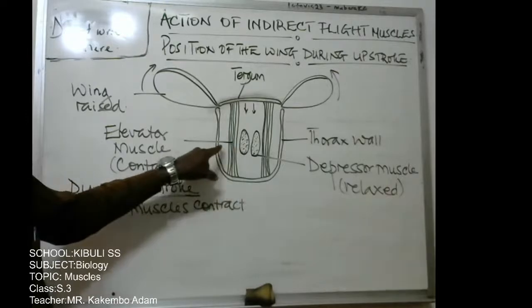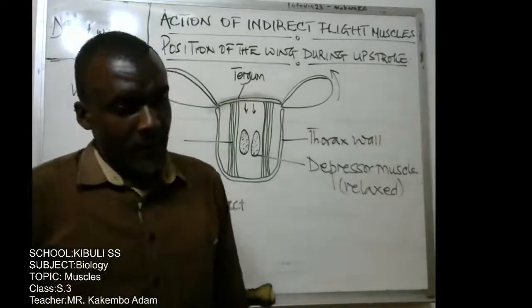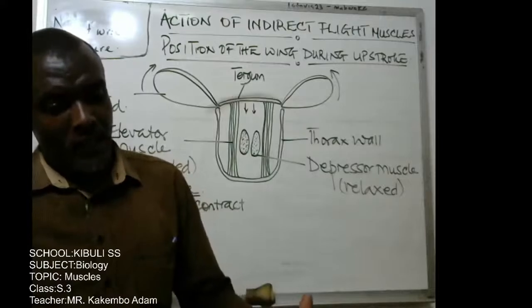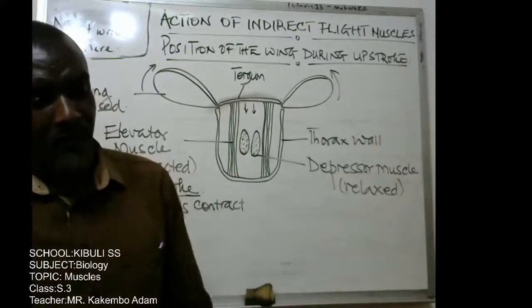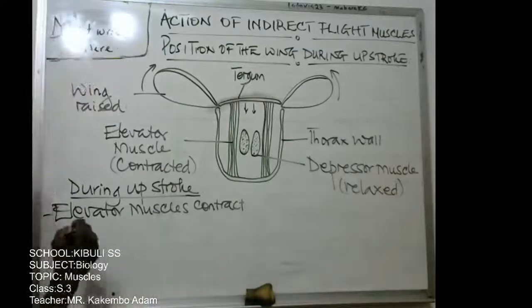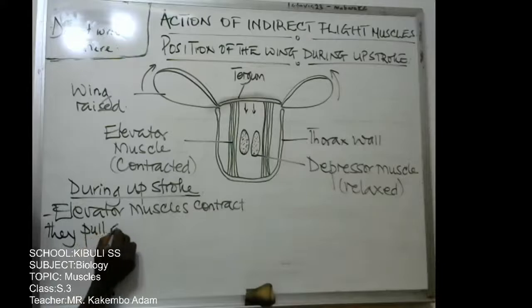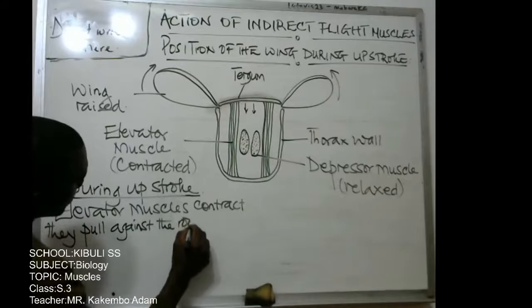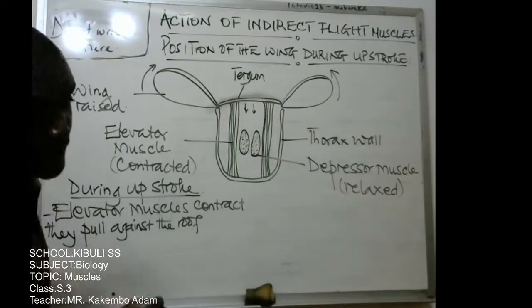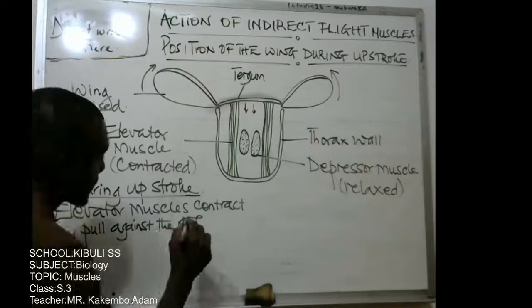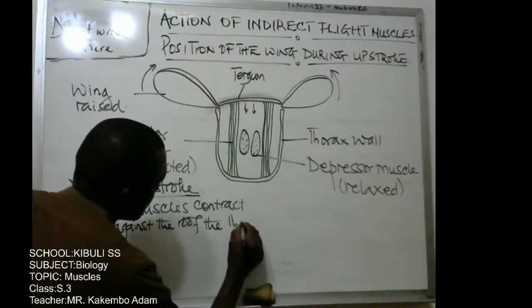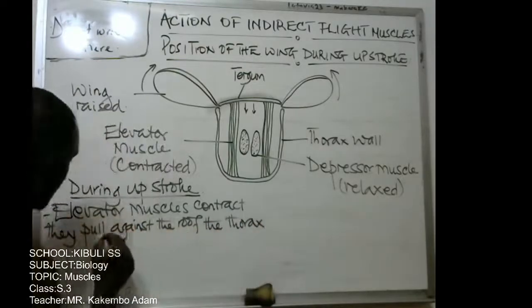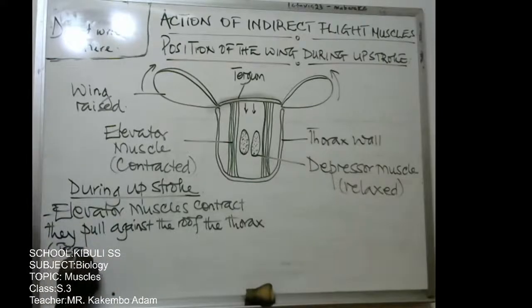When they contract, they pull against the roof of the thorax, also known as the tergum.